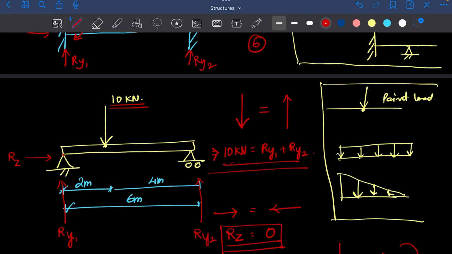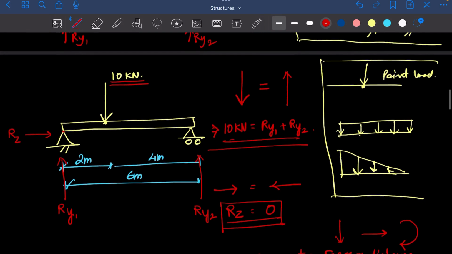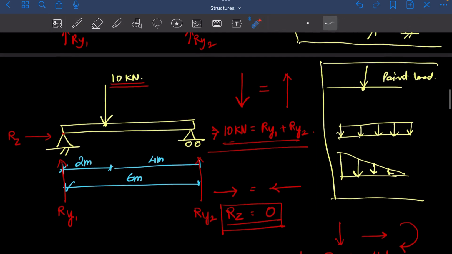So what is a moment? A rotational force. So how do you calculate the magnitude of that rotational force? You call it a moment, which is nothing but force into distance. All right, force into distance. Now, this is the force that's acting, right?